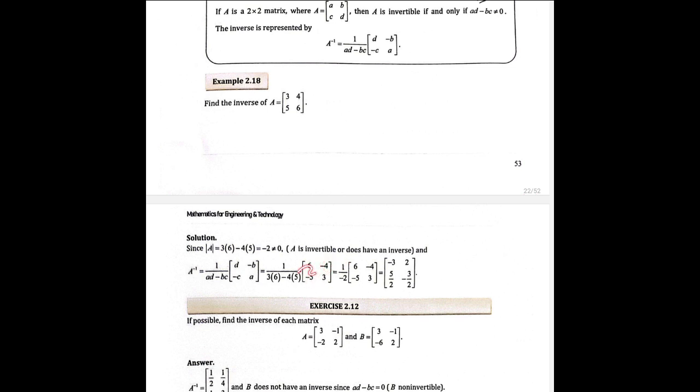Just multiply everything, and this is the inverse. Later on you will see that when you multiply this with the original, you should get an identity matrix.